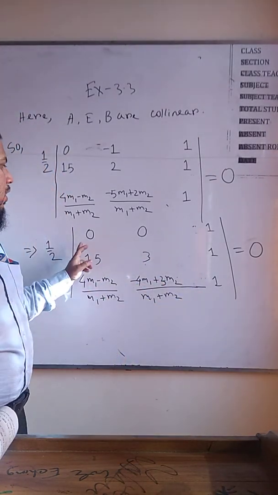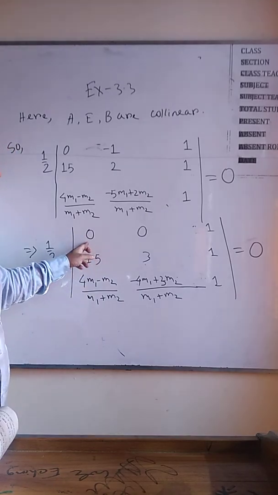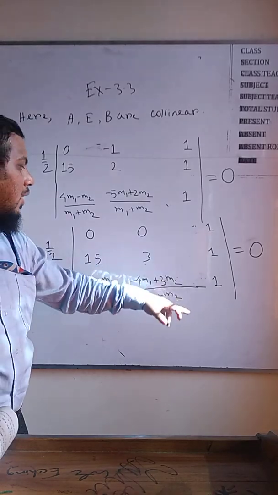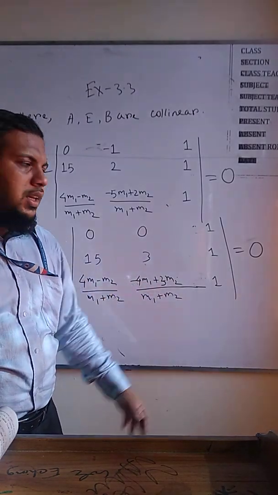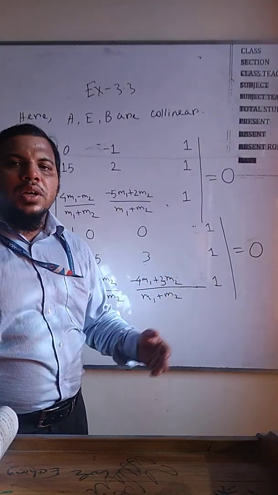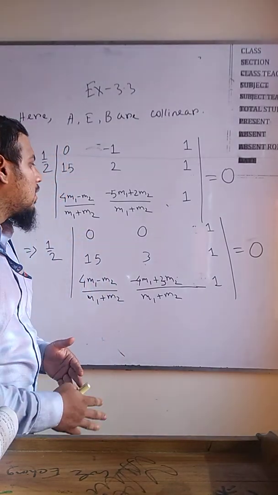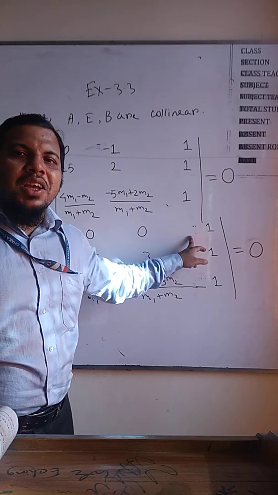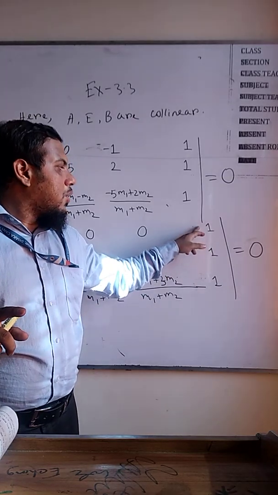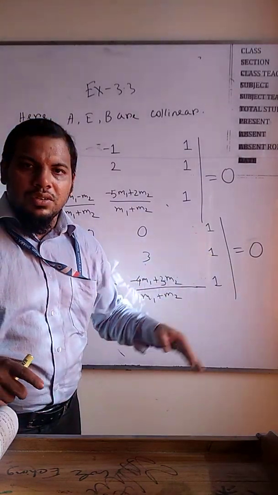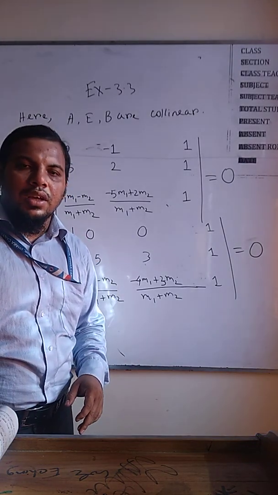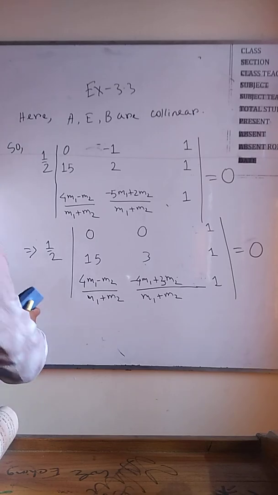So our first column is 0, 0, 1, second column is 15, 3, 1, and third column is this. So it is very easy. If we want to expand the determinant, we must expand according to the first row, definitely, because our calculation will be minimized.